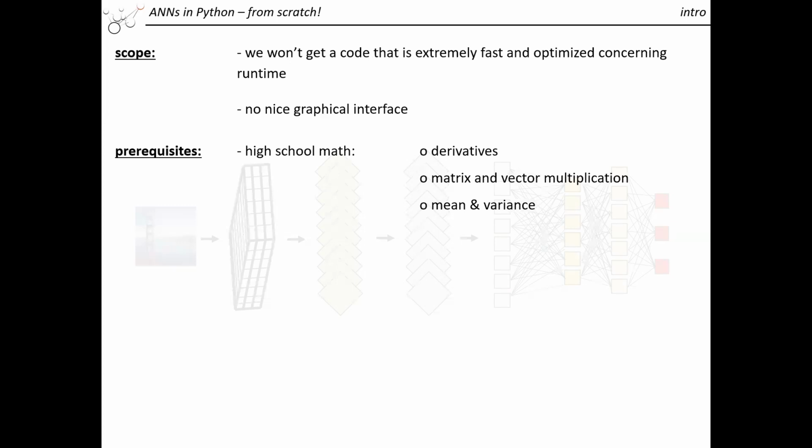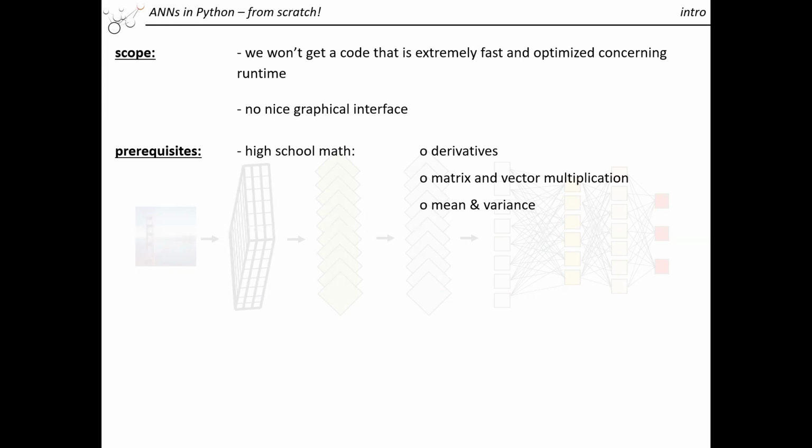The good news is that it doesn't require lots of math. So actually, high school math is fully sufficient. So we have to talk about derivatives, for example, especially when it's about backpropagation. Then we will talk about derivatives quite a lot, and I will show you the equations, of course, and introduce that a bit.